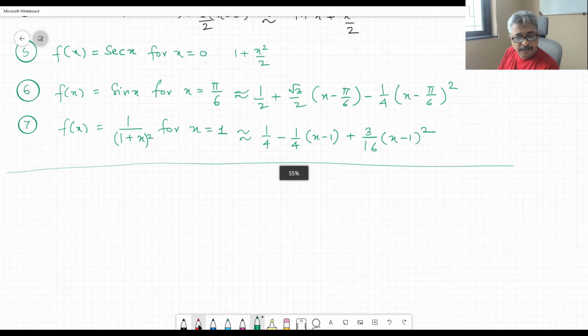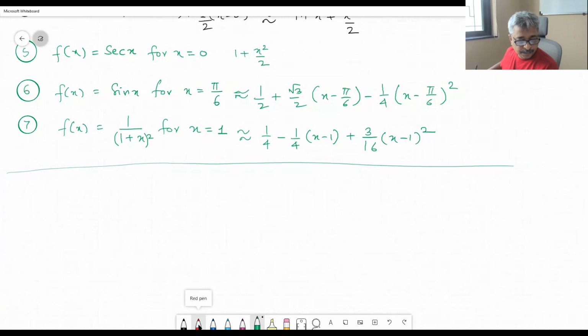We have already written this. Y is equal to f of x1 plus f dash of x1 into x minus x1. This is linear approximation. I am stopping after the first derivative and just writing it a little differently. Instead of x0 or a, I am writing x1. That is the only change.